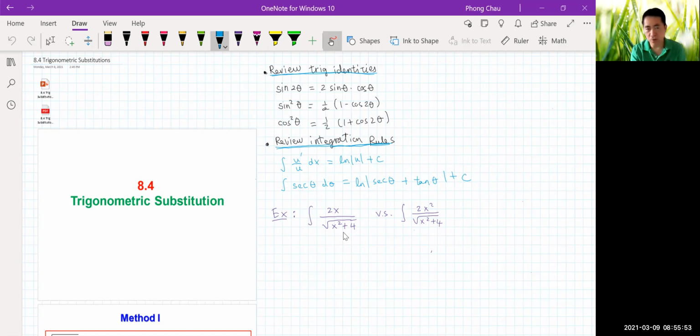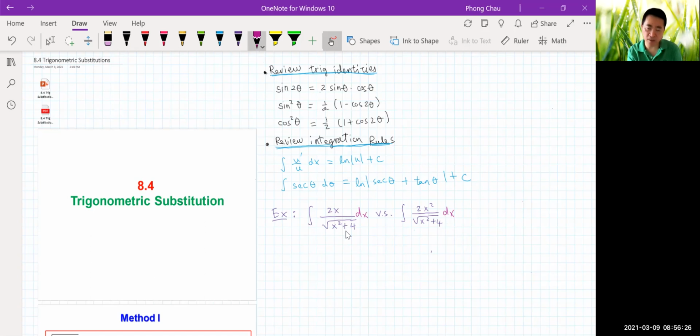When should we use substitutions? If you look at this carefully, I know we've got to use substitution because in order to use it, you need to have a u and a u prime. You must have a part called u, and then the other part is u prime in the integral.